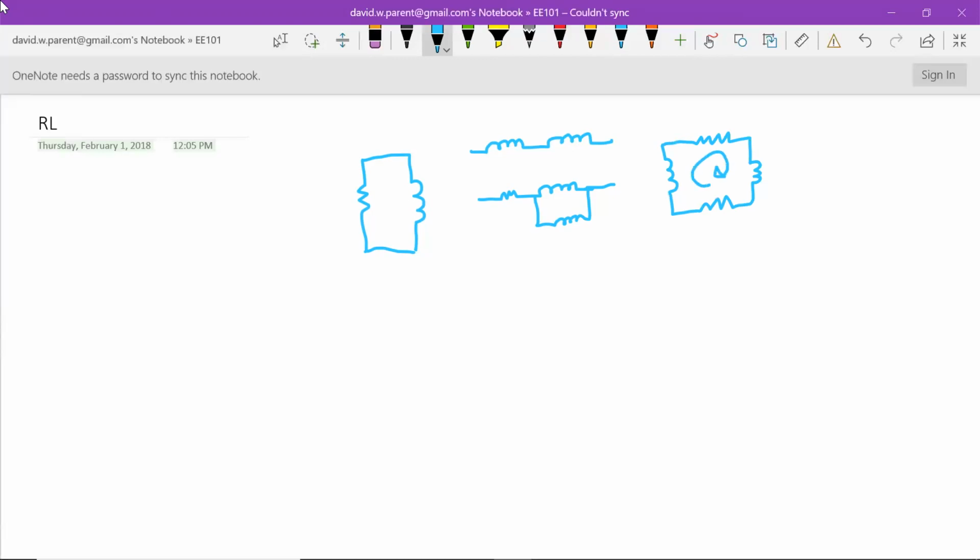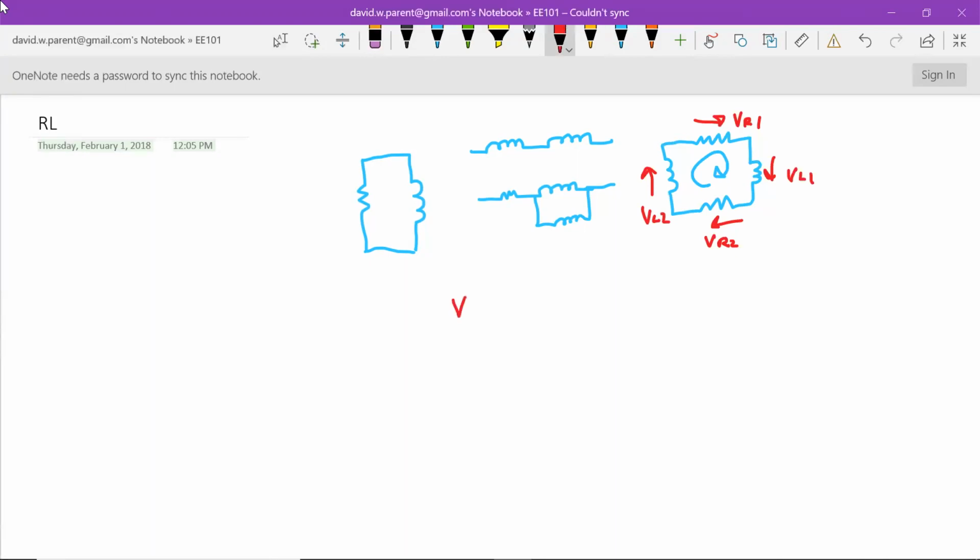So we'll have that as our current, all going in the same direction. And this we'll just call VR1, VL1, VR2, and VL2. Well, let's write the mesh equation for that.